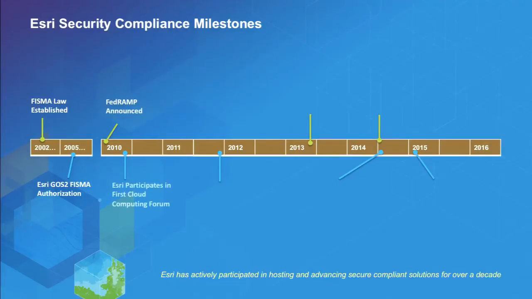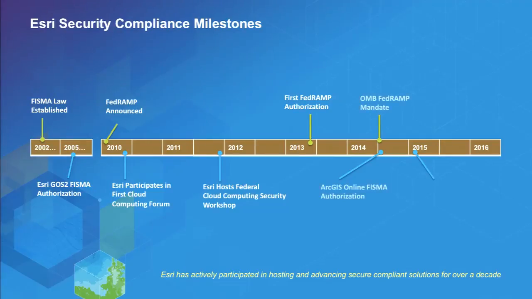Geospatial One Stop in 2005, when the FedRAMP programs first started getting started up, we worked with the government teams out there. We got ArcGIS Online FISMA authorized in 2014, and Esri Managed Cloud Services FedRAMP authorized in 2015.